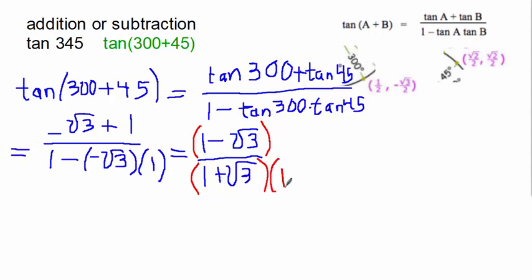So I'm going to multiply by 1 minus square root of 3 over 1 minus square root of 3.